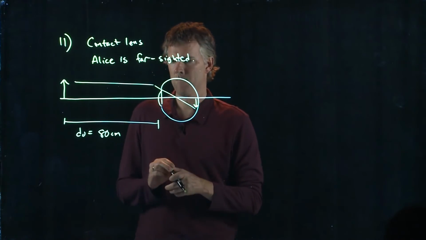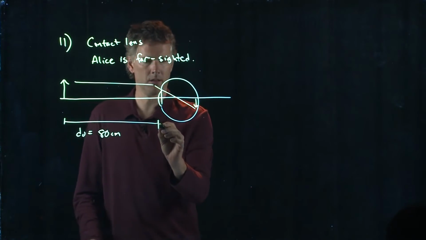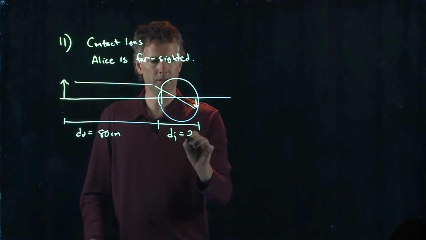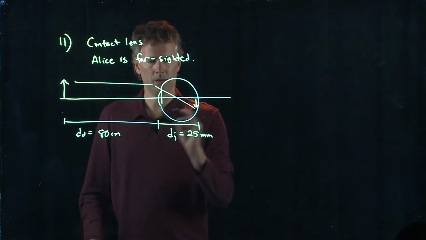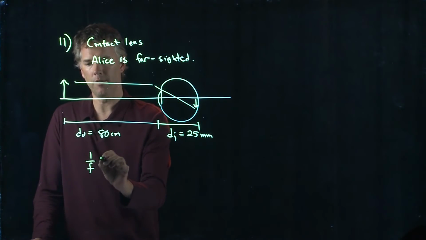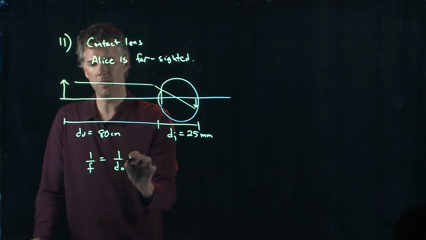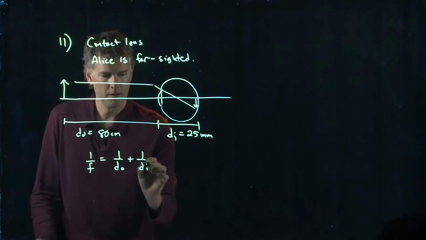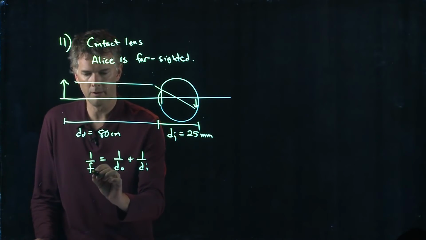Okay, so what is the image distance? The image distance is the size of the eyeball, which is 25 millimeters. And therefore, in this case, we have 1 over f equals 1 over do plus 1 over di. We'll call this f of her bare eyeball.